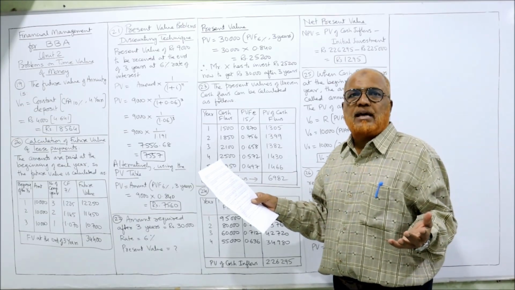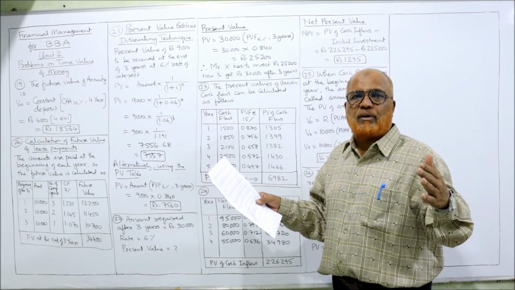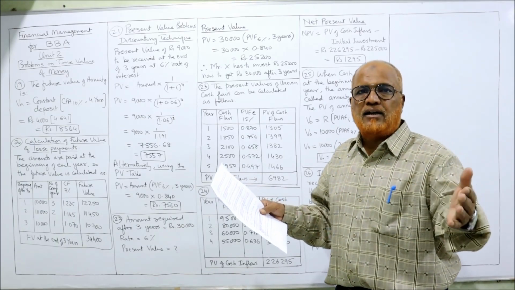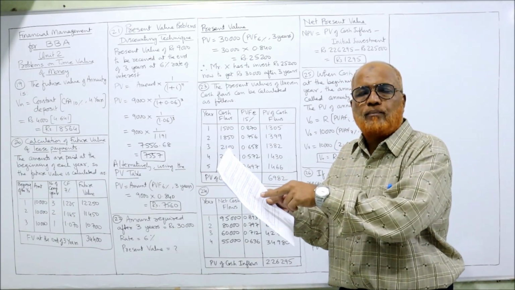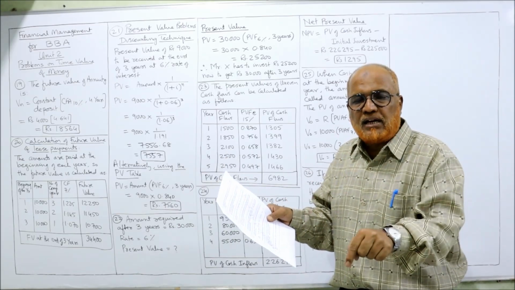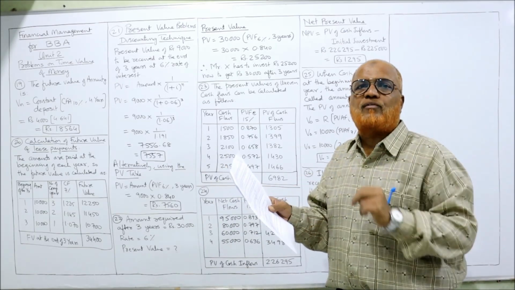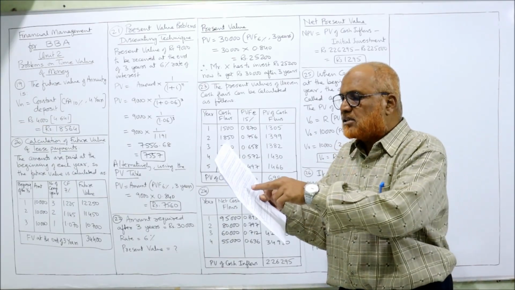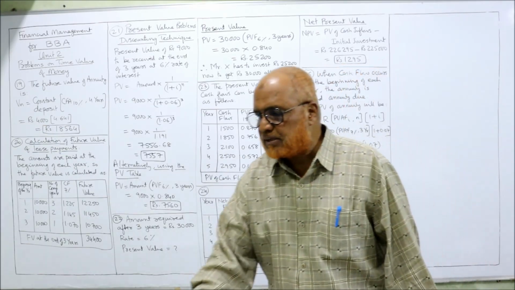Cash flows are not the same. They change from year to year. And we want the present value of all this stream of cash flows which we are going to get in 5 years. The discounting rate is 15%.